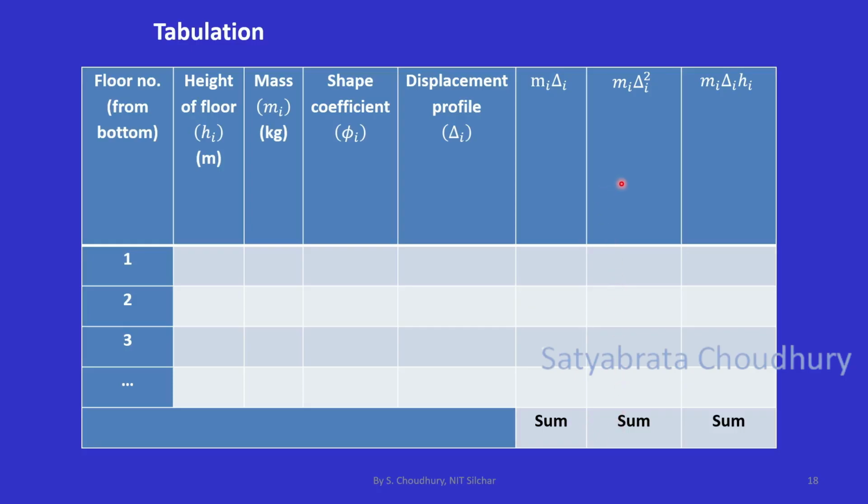Note that in this process we have not talked anything about the size of the members. So sizes you have taken from your experience: beam size, column size. You have also perhaps applied the capacity design, that is, the column should be stronger and beam should be weaker relatively.